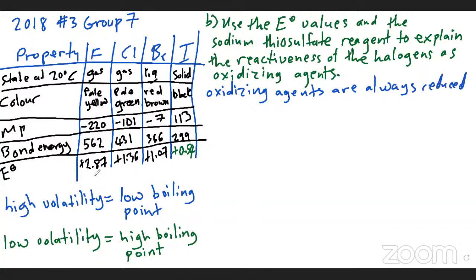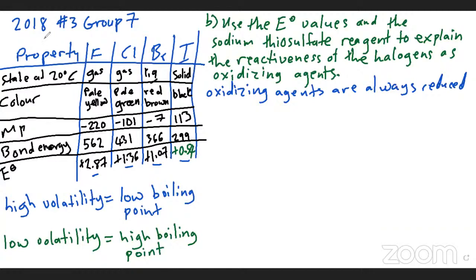Now, what these numbers are showing you is the tendency of the halogen to actually accept electrons. So the more positive the number is, the better it is at accepting electrons, right?